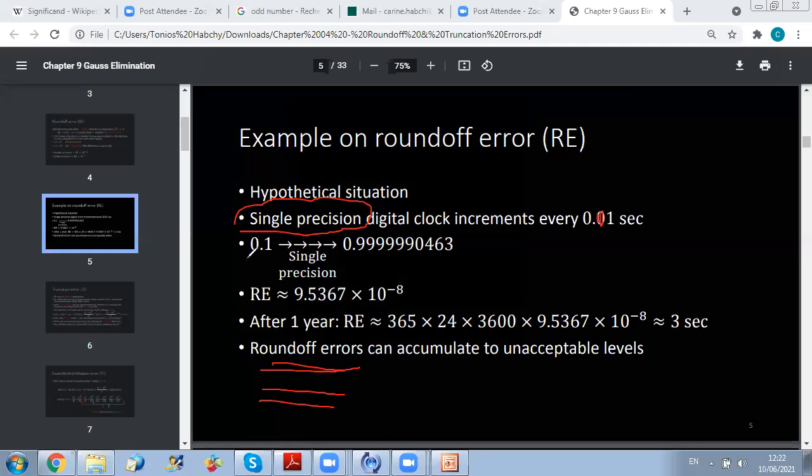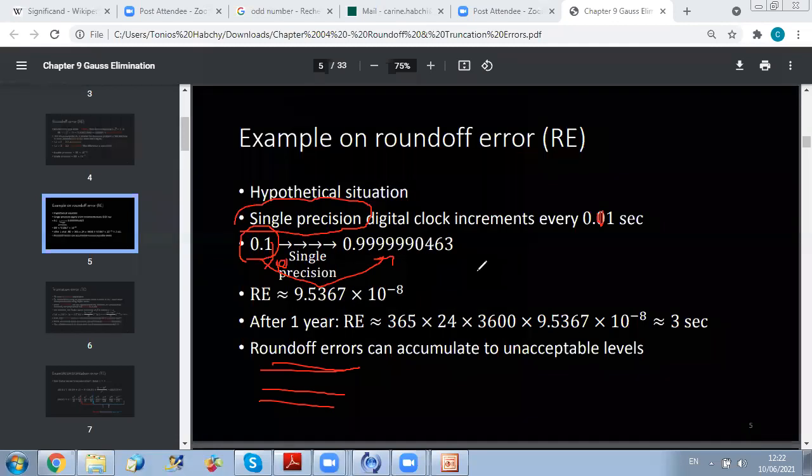So for this calculator, 0.1 second, a decimal number, will be transformed into a binary number. We will see when we develop the technique that 0.1 in base 10 is a number with infinite digits after the comma.